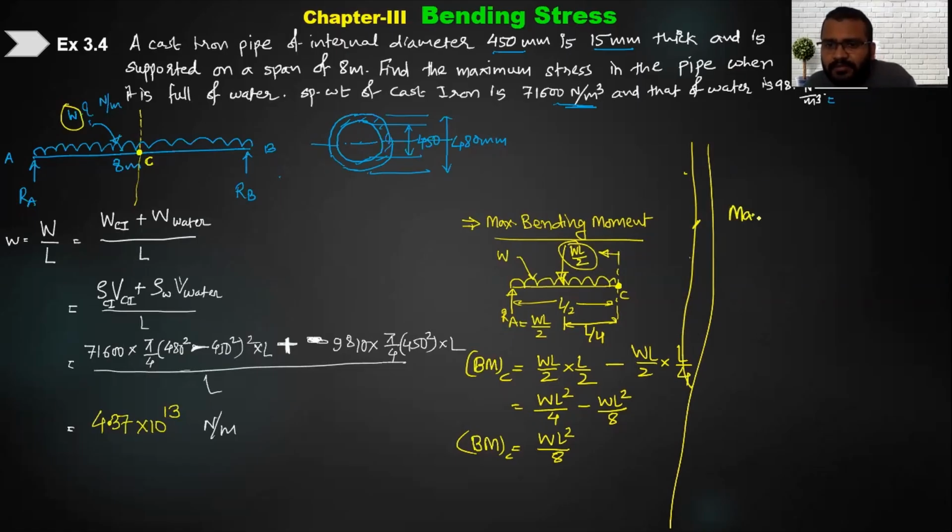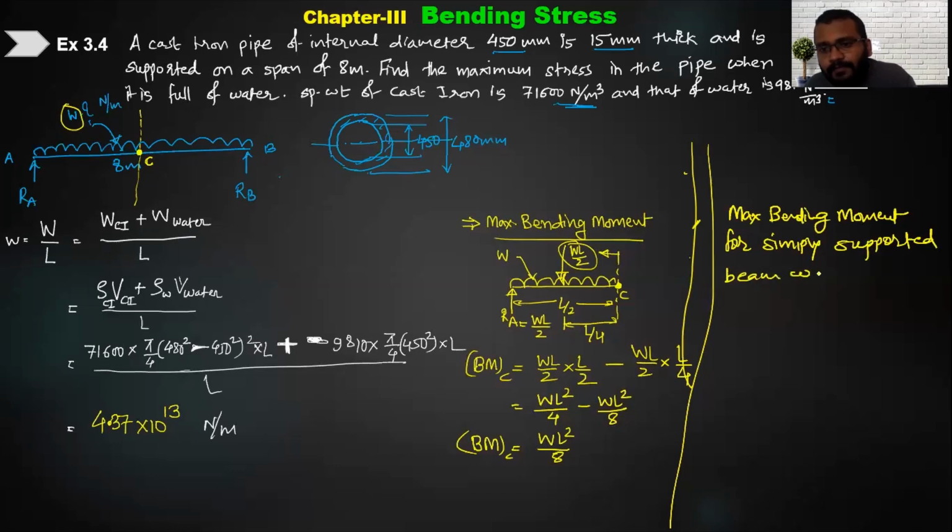The maximum bending moment for a simply supported beam with UDL कितना होता है? WL square by 8.